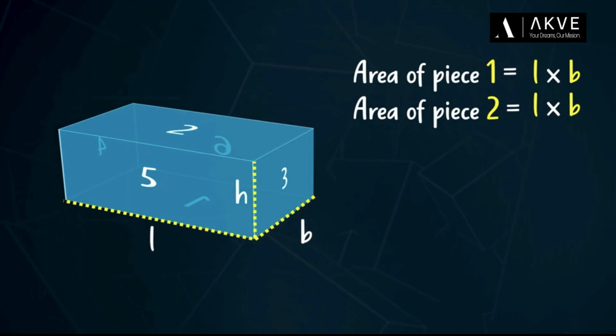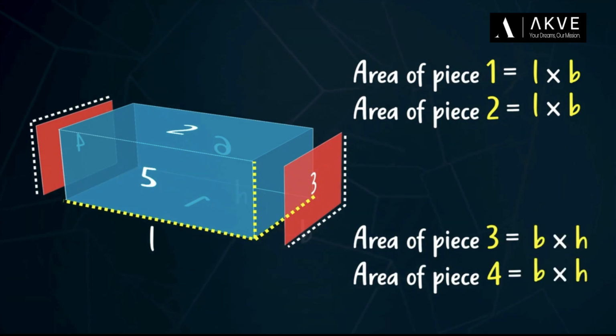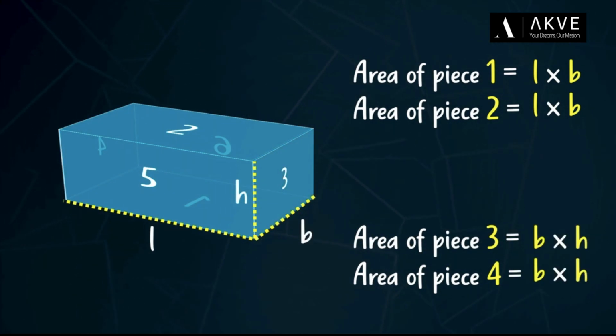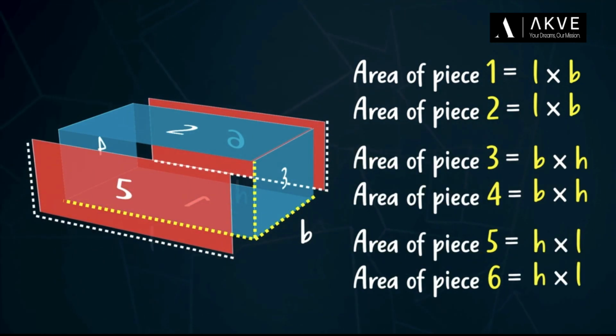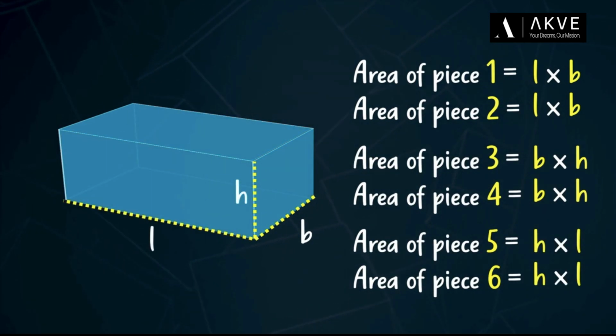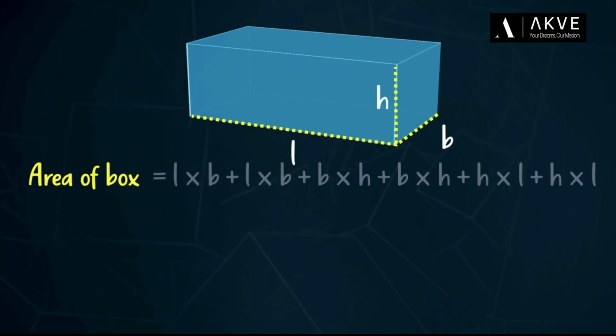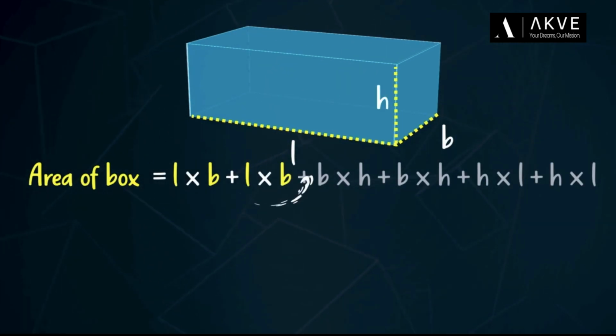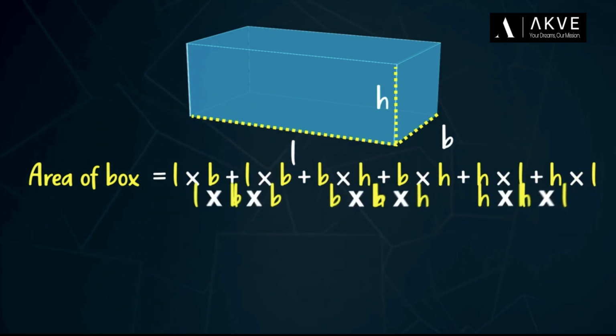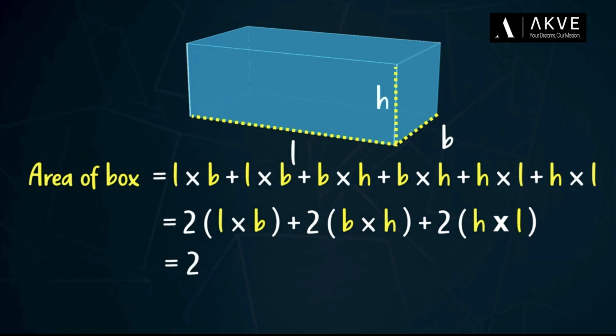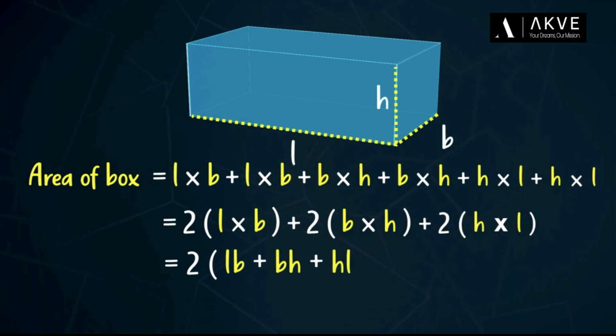Similarly, the area of each of these two faces is B into H, and the area of each of these two faces is H into L. So, on adding all of them up, we get L into B plus L into B plus B into H plus B into H plus H into L plus H into L. Now, on adding the like terms and then taking 2 common, we finally arrive at 2 into (LB plus BH plus HL). This is the formula for finding the total surface area of any cuboid.